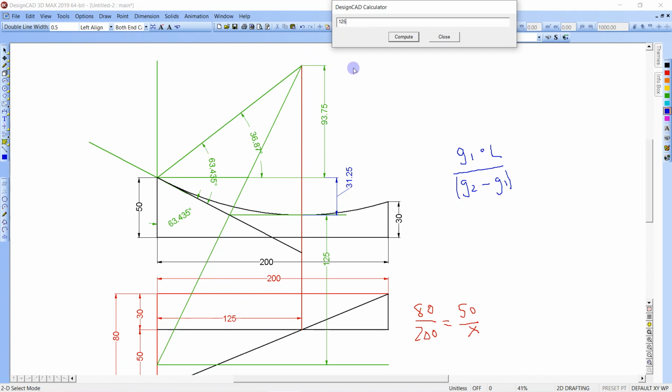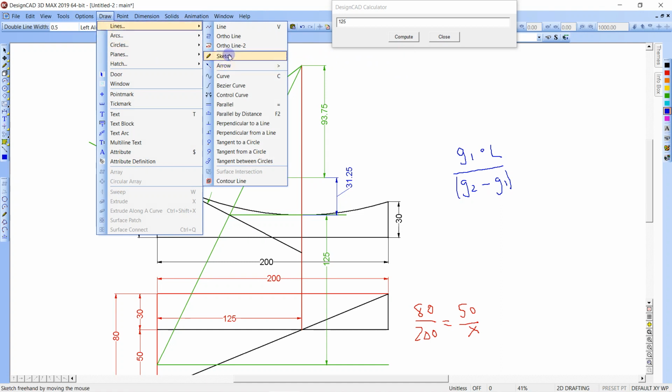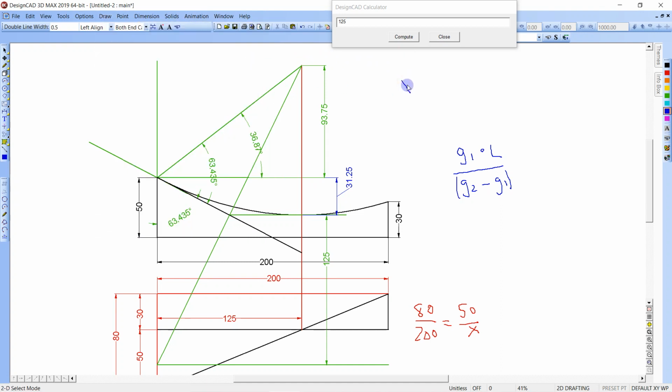Now that we have the y, let's go back here real quick. Draw, line, sketch. x squared is equal to 4py. Alright, so we could check this parabola and plug in those numbers.